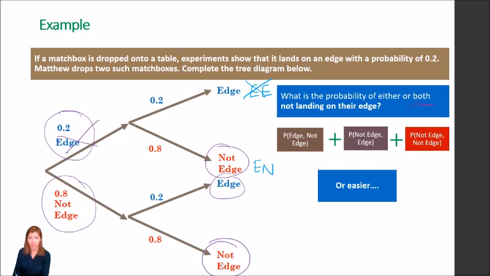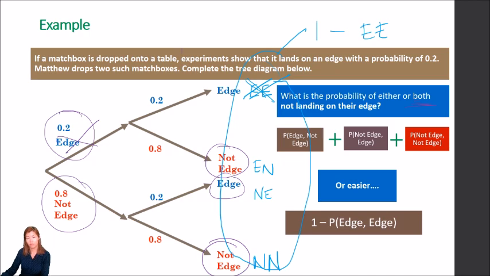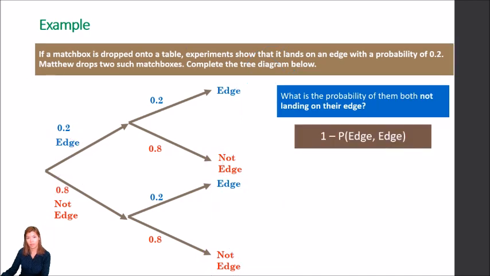So edge, not edge, not edge, edge, and not edge, not edge. So we want these three. What does that mean? We want everything except for that. So everything minus that. So let's do that instead. There's less mathematical calculations and therefore room for less error.